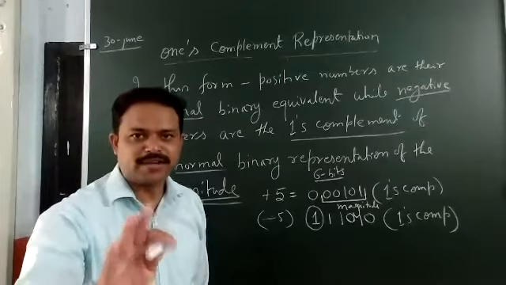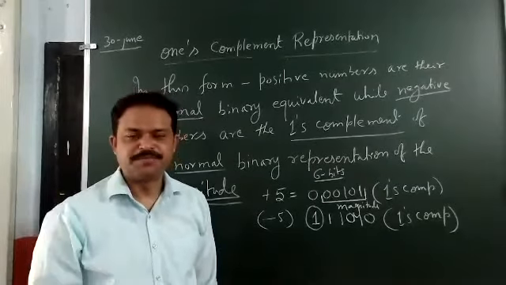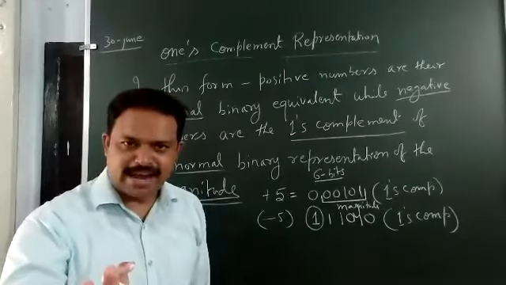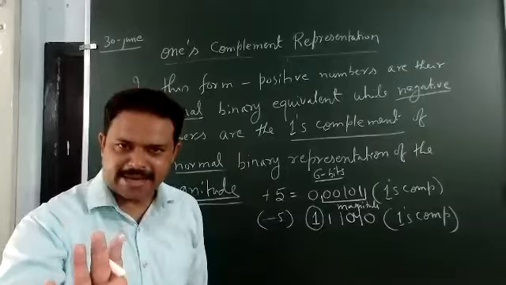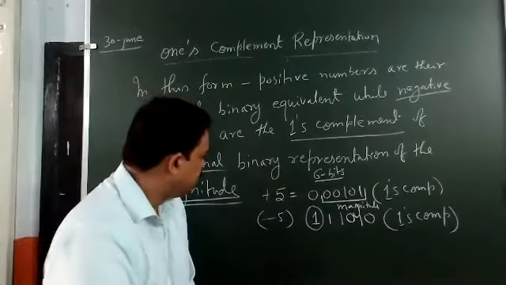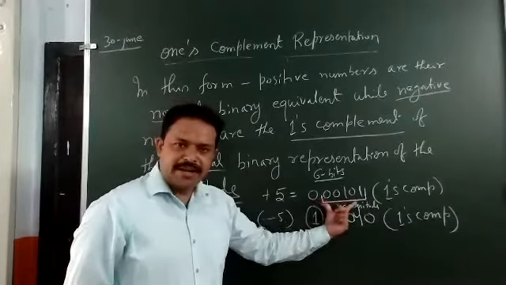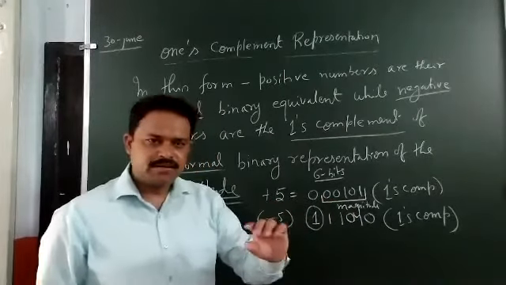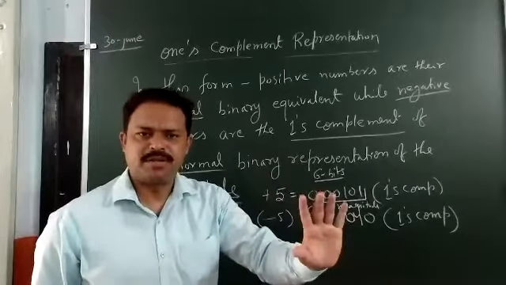I understand you got confused. Conclusion is that you write the binary representation of any positive value and replace each 0 with 1 and each 1 with 0, including sign bits. Simple concept.